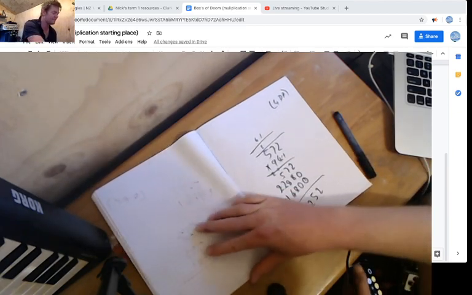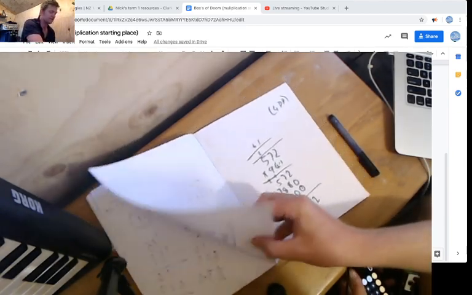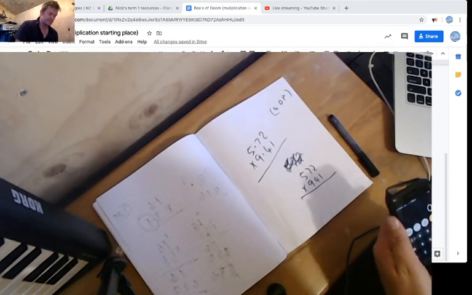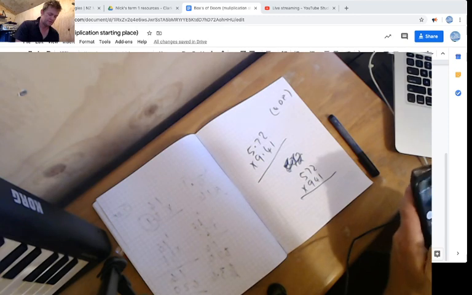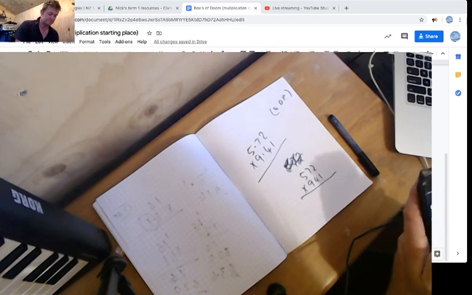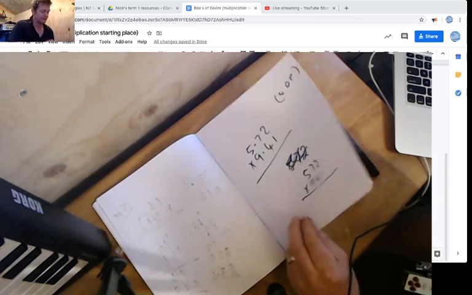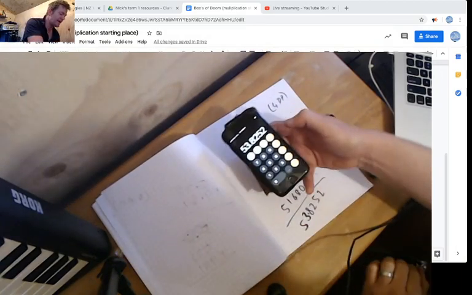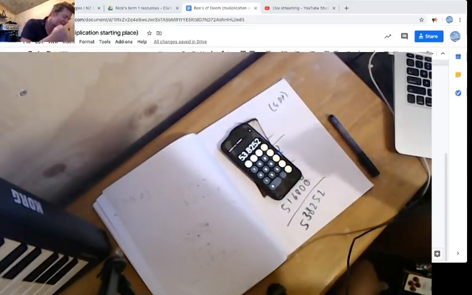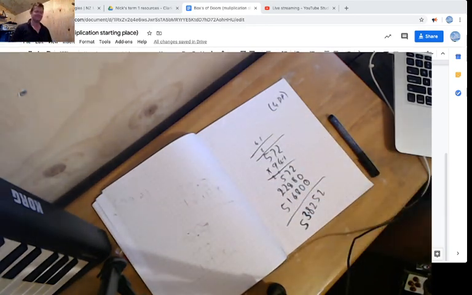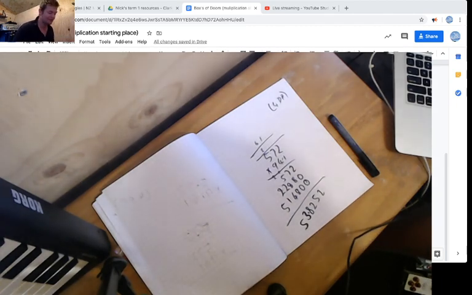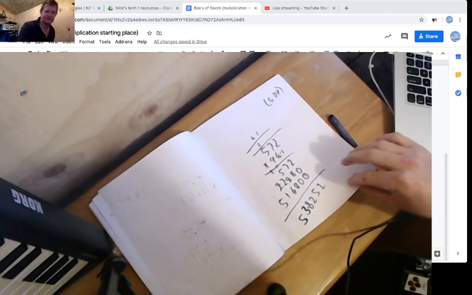Flip back to my original page so I can write it in correctly. 5.72 times 9.41. Here we go. 53.8252. Yes, 53.8252. Nailed it. I shouldn't be so excited about that, but I am. I love maths. It's great fun.